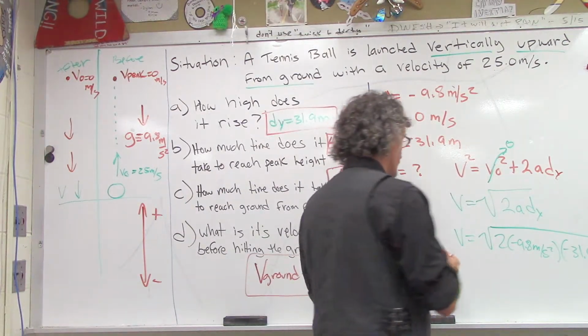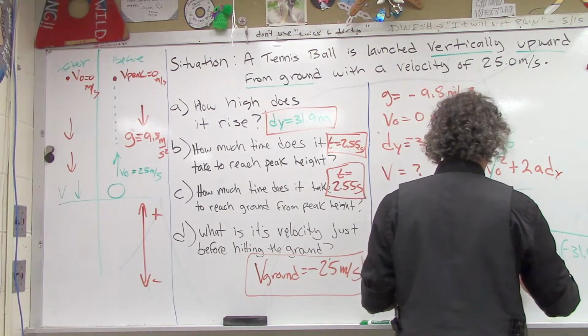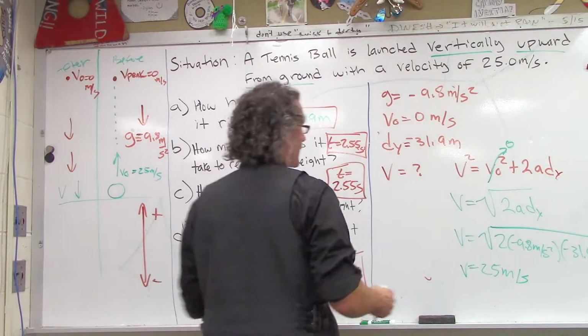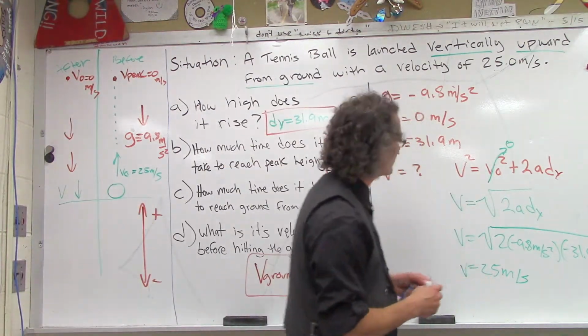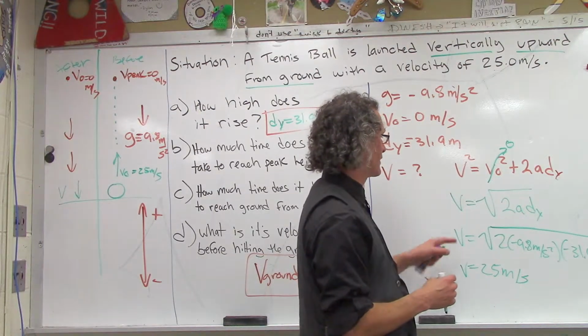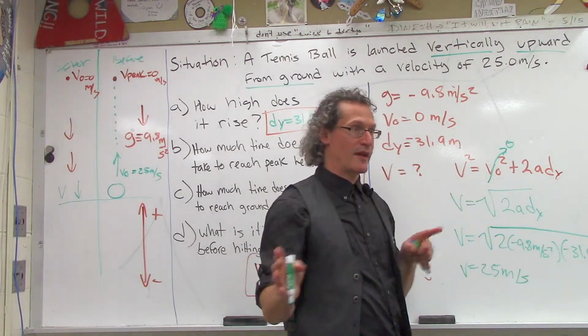Perfect. V equals 25 meters per second. Now we're going to understand that that's negative in the end, because with the square root we can choose which value it is.